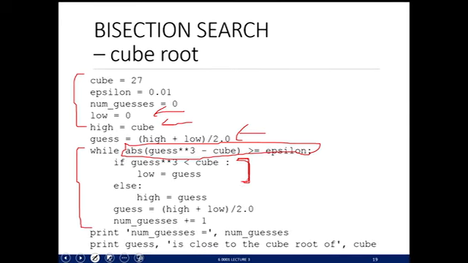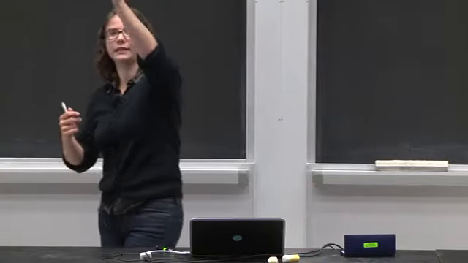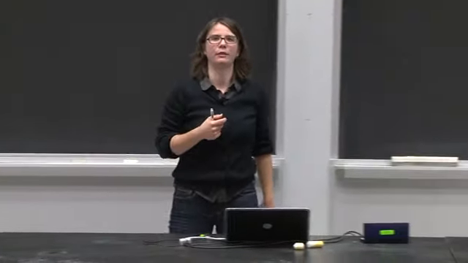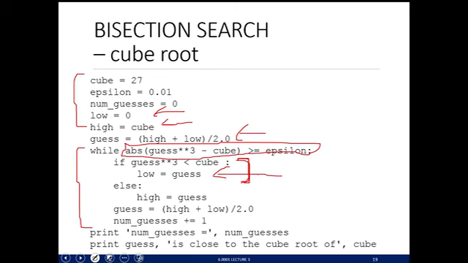this part here says my guess was too low. So if my guess was too low, set the low boundary to be the guess, right? Because I don't care about all of the other numbers that are much lower than me. So set the low to be the guess. That's what that line's doing. And otherwise, my guess was too high. That's what this else is doing.